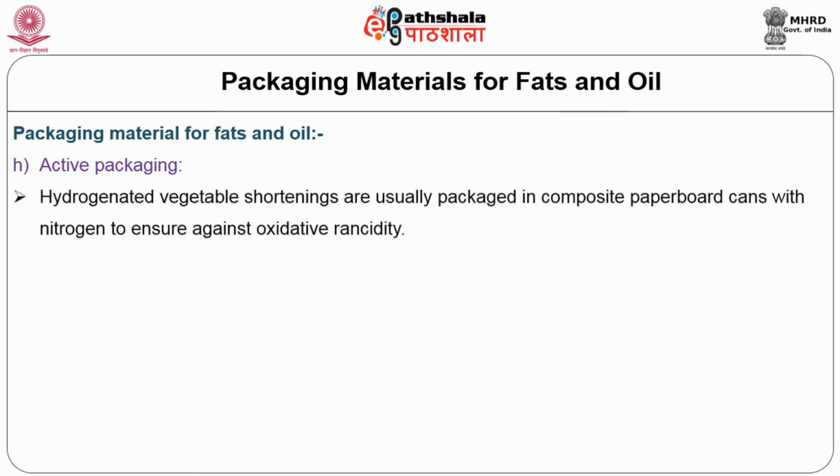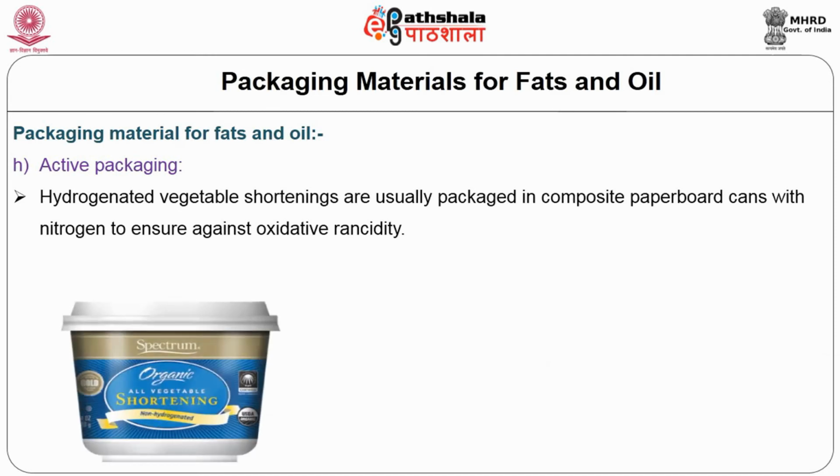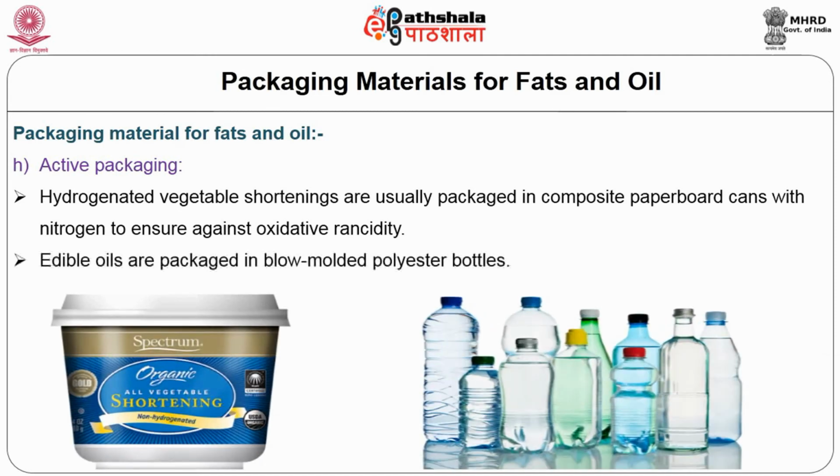Hydrogenated vegetable shortenings are usually packaged in composite paperboard cans with nitrogen to ensure against oxidative rancidity. Edible oils are packaged in blow molded polyester bottles.